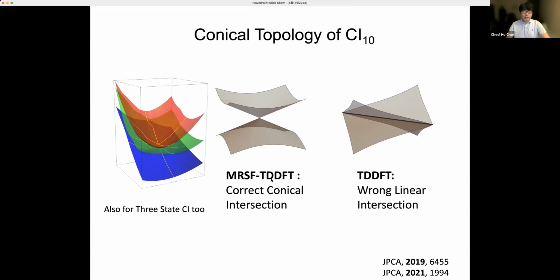MRSF-TDDFT correctly reproduced this topology, but you know that TDDFT has a linear intersection, meaning too much interaction between the ground and first excited states, which is a big trouble. If you do NAMD dynamics, it means that it goes to the ground state too quickly. But in our theory, we can easily show that we do have a proper topology of conical intersections.